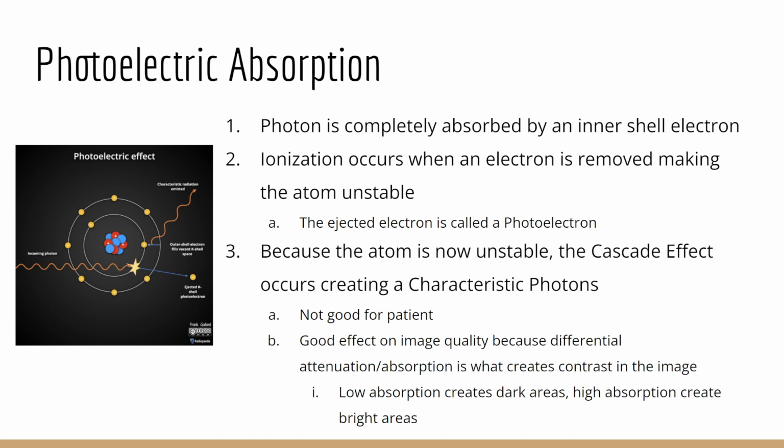The last step is that because the atom is now unstable, a cascade effect occurs, creating characteristic photons. This is not good for the patient because it also increases their dose. However, it is good for image quality because differential attenuation or absorption is what creates contrast in the image. Low absorption creates dark areas and high absorption creates bright areas.